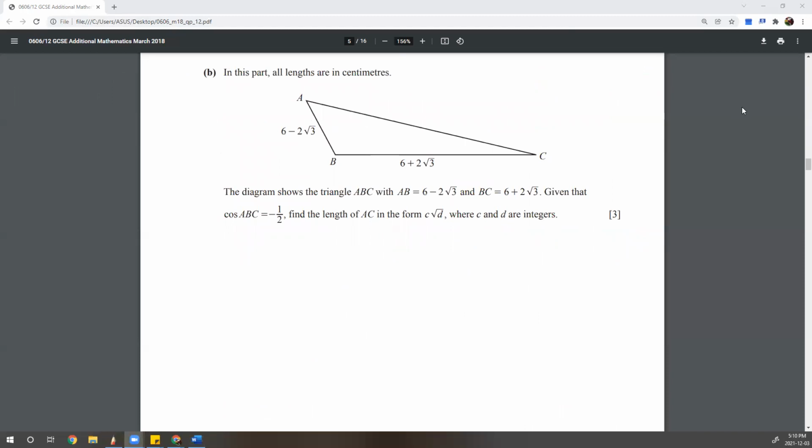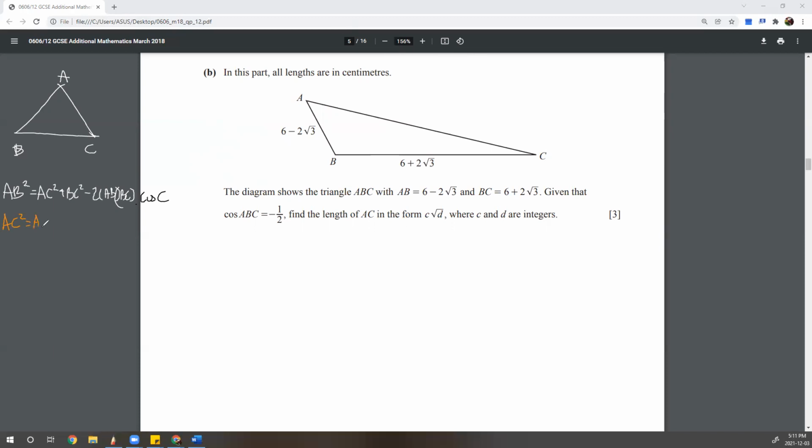Do you remember how to calculate AC for this scalene triangle? Remember, if I have triangle ABC, to calculate AB, you need AB square equals AC square plus BC square minus 2 times AB times BC times cos C. How about if I want to calculate AC square?